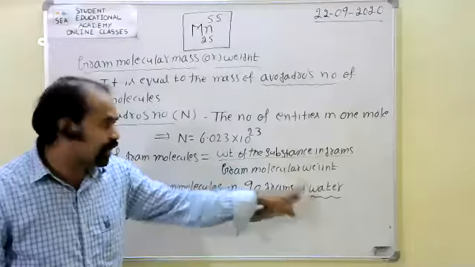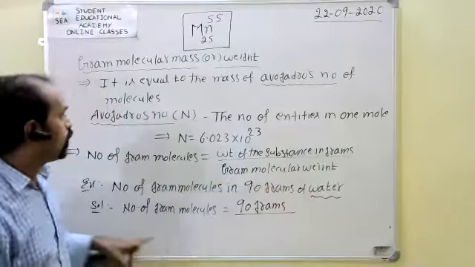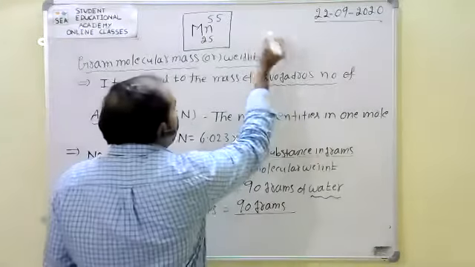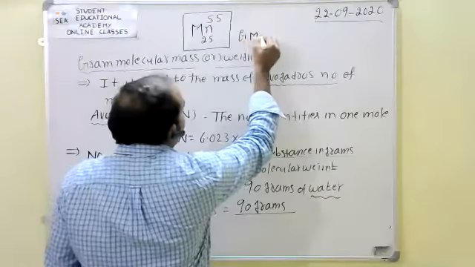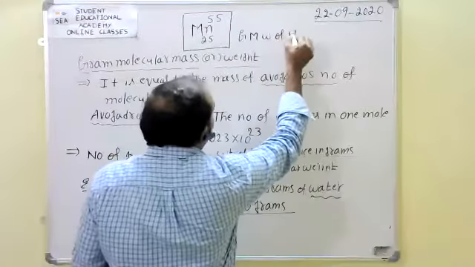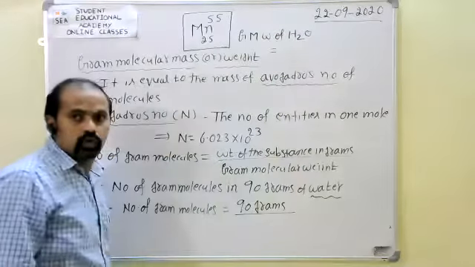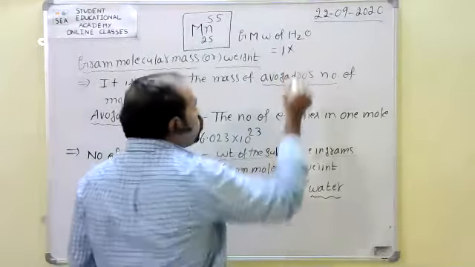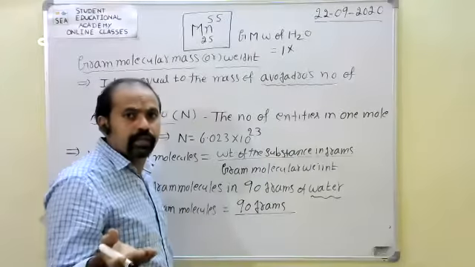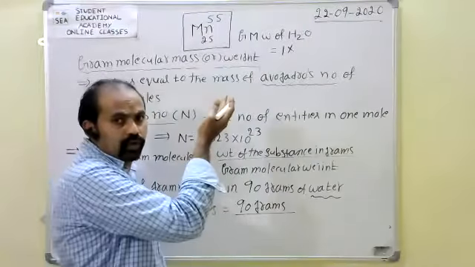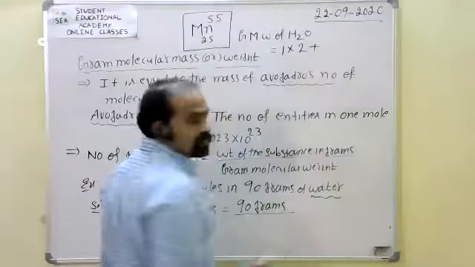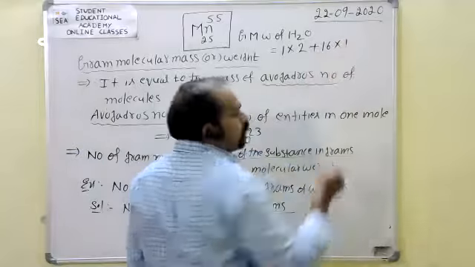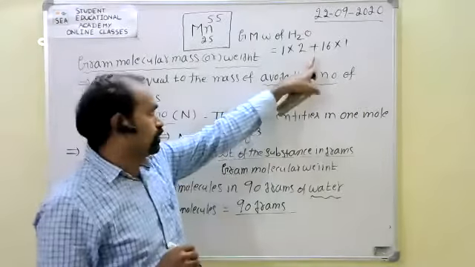So what is the gram molecular weight of water? Calculate it as I showed before. The gram molecular weight of H2O: hydrogen atomic mass 1 into its atomicity, the total number of hydrogen atoms, which is 2, plus oxygen atomic mass 16 into the number of oxygen atoms, which is 1.